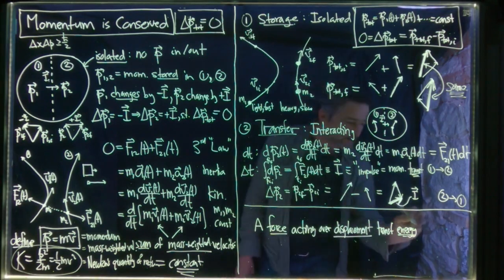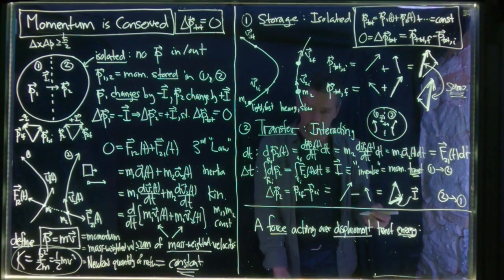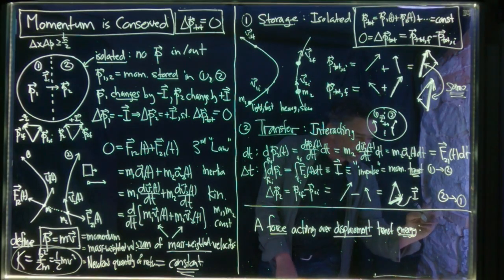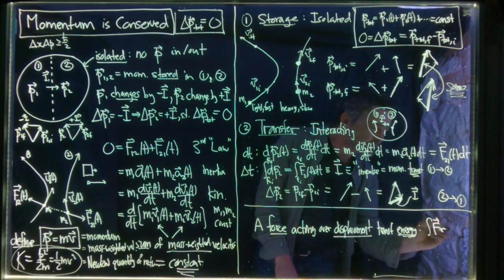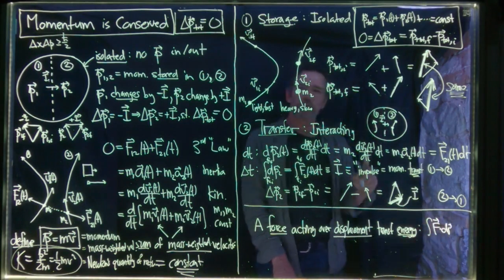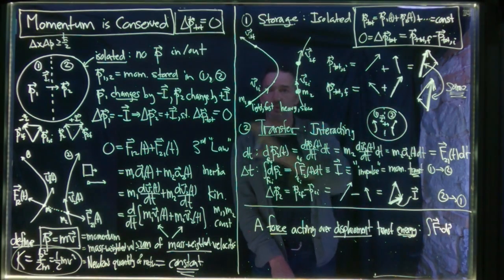Okay, and we think of that as, well, work, the work done. Work is an energy transfer mechanism. You can transfer energy from one system to another by applying a force on that system. The force vector dot product with the displacement integrated over the trajectory, so a force acting through a displacement.